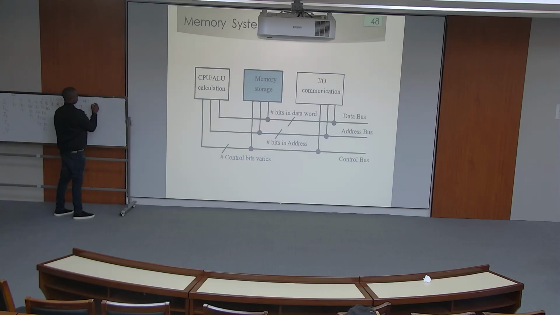We have registers, cache memory, main memory, and secondary storage memory to store data permanently. We may also have tertiary storage memory depending on the technology.